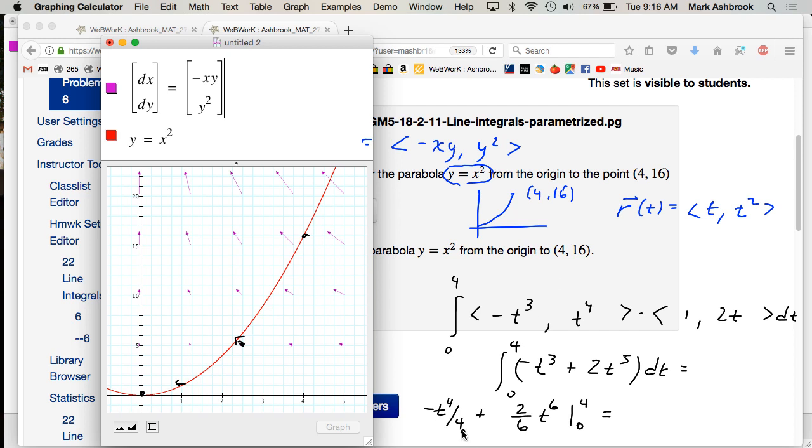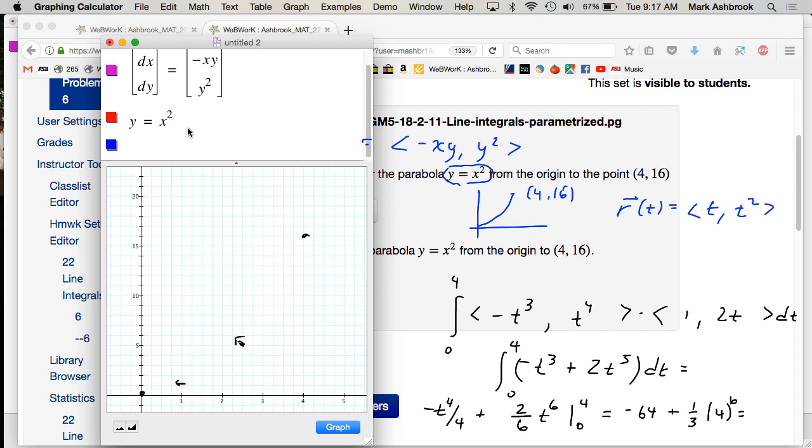Plug 4 in, you're going to get negative 4 to the 4th over 4, so is that negative 64? And I don't know what 4 to the 6th is, so plus 1/3 times 4 to the 6th. It's going to be a little bit positive probably. Quite a bit positive. Okay, so 1301.